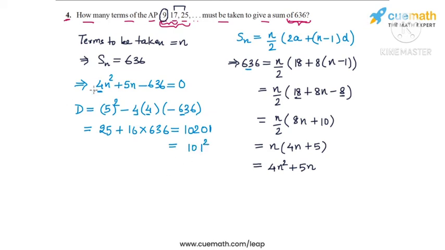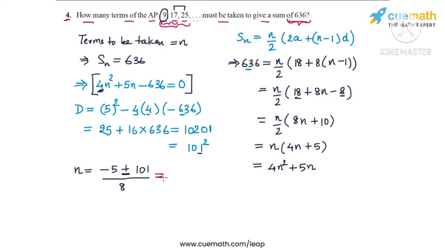And now if we apply the quadratic formula to this quadratic equation, we get n is equal to minus b, or minus 5, plus minus root D. So D is 101 square, so root D will be 101, all by 2a. So a is 4, so 2a will be 8. So these are the two roots of n.